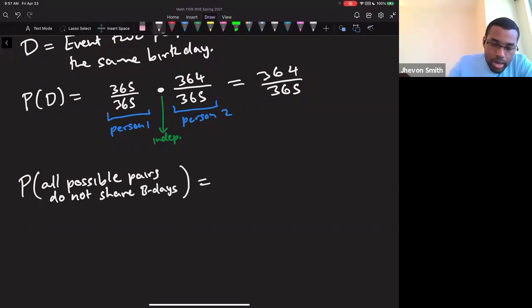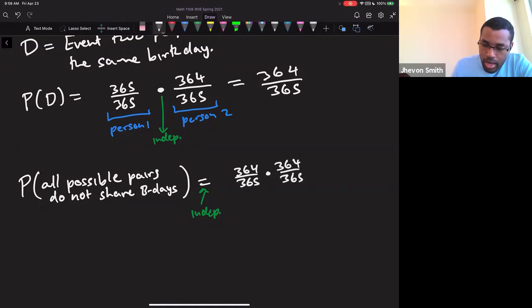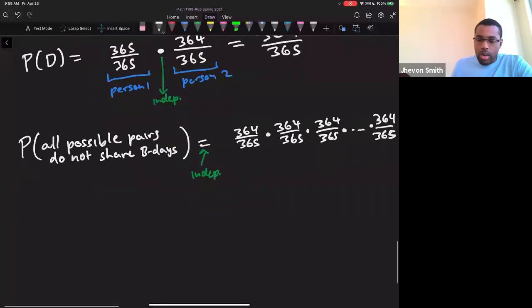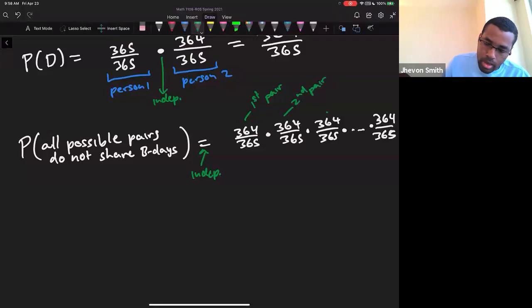Well, again, by independence, this would be something like 364 over 365 times 364 over 365 times 364 over 365 times ... 364 over 365, where this is like the first pair, second pair, third pair, so on.